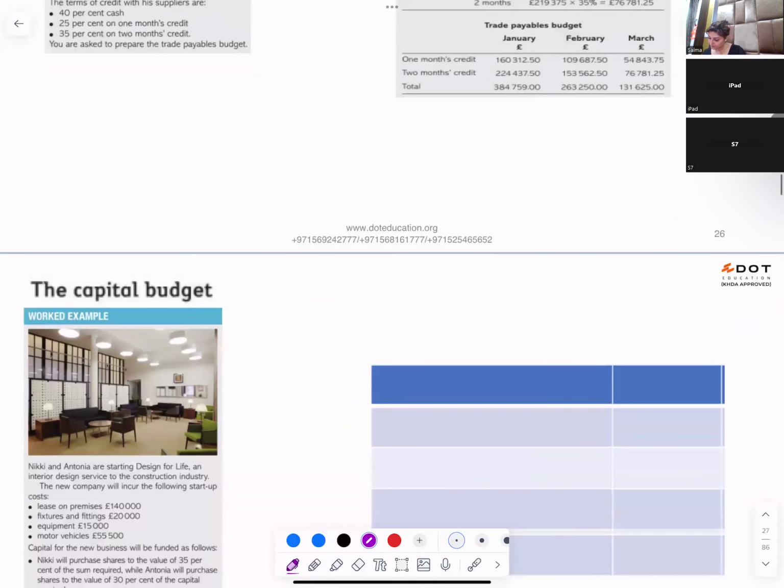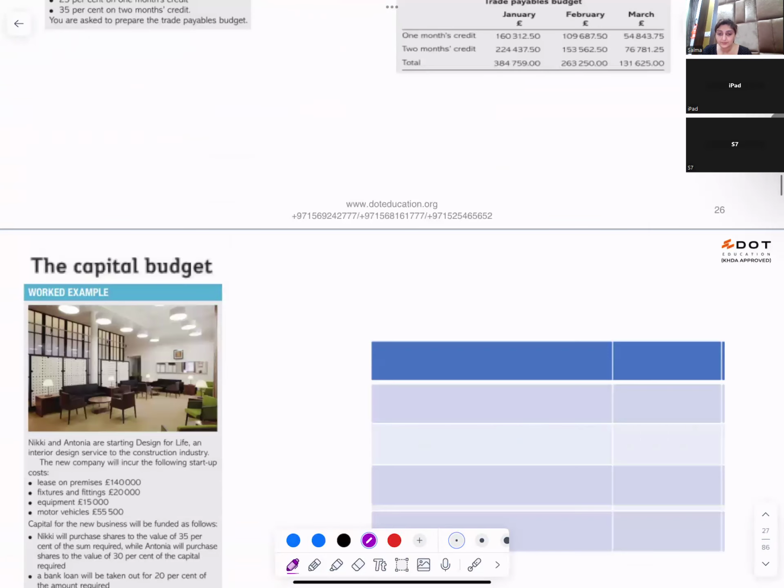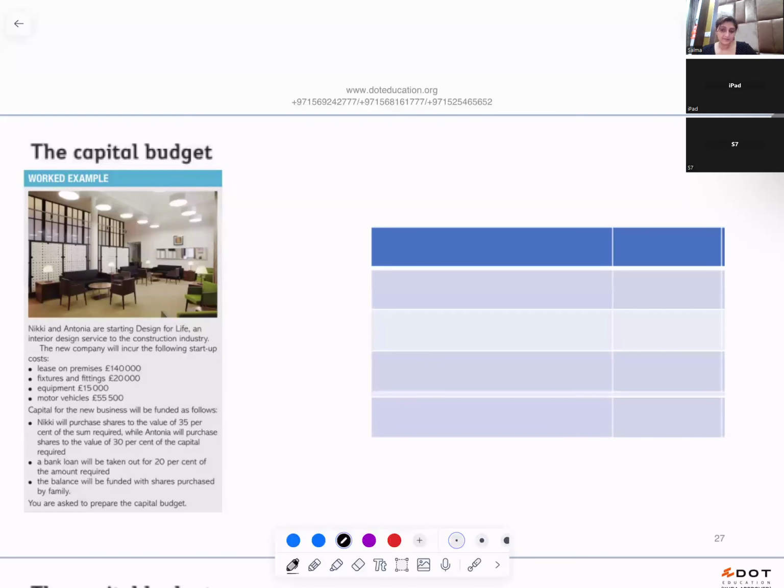Capital budget now. What is the capital budget? The budget is basically a plan. It is a plan for raising long-term funds for your investment in non-current assets.